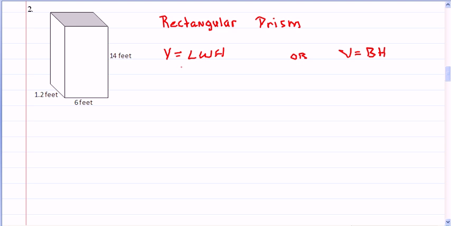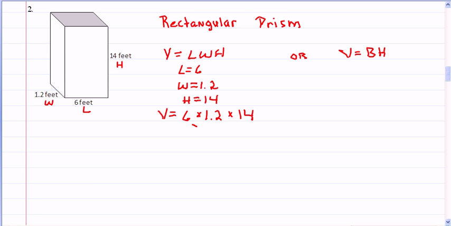Length times width times height, I'm going to make the length 6, this one right here, the width 1.2, and the height 14. Don't worry if you mix up the length and the width, you'll still get the same answer. So when I substitute these values into the formula, I have 6 times 1.2 times 14. So starting with 6 times 1.2, I know that 6 times 12 is 72.